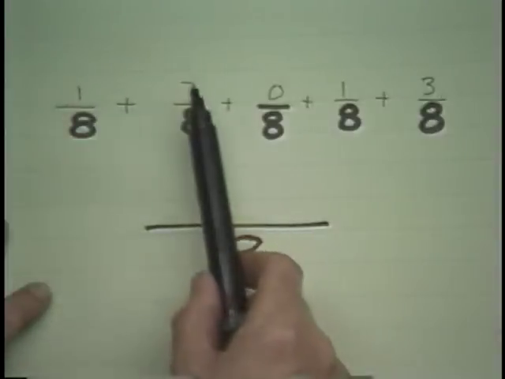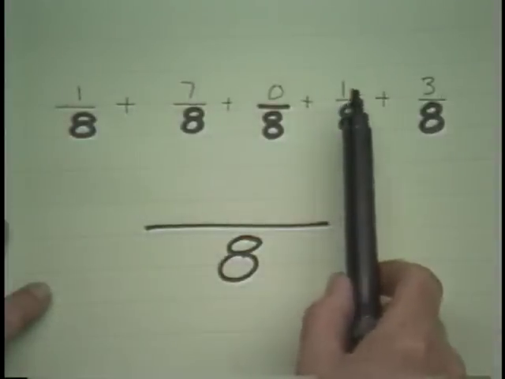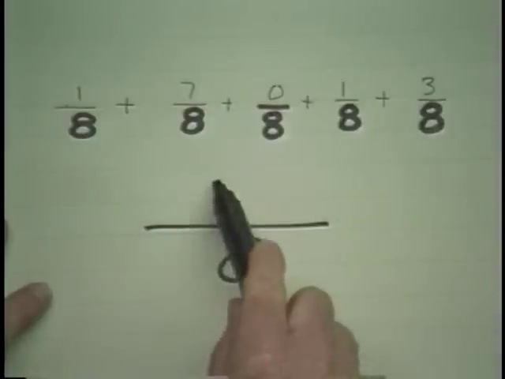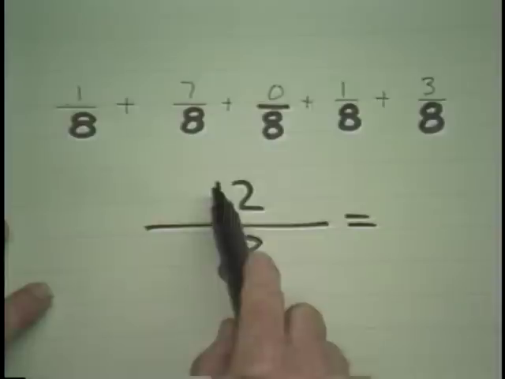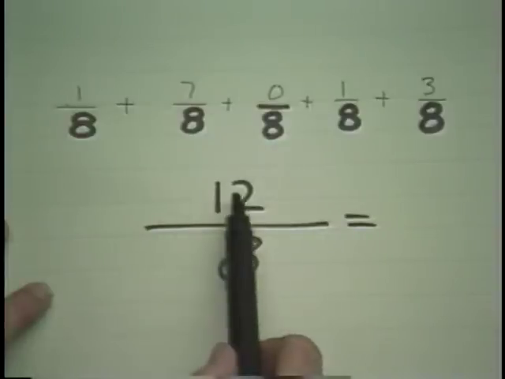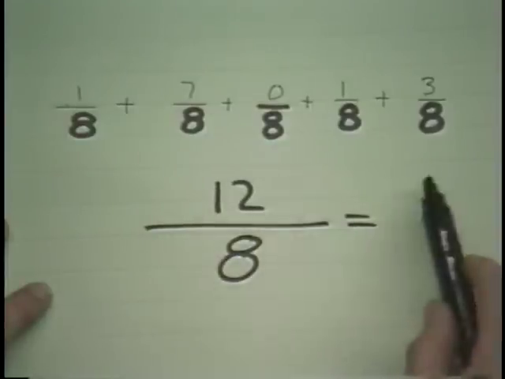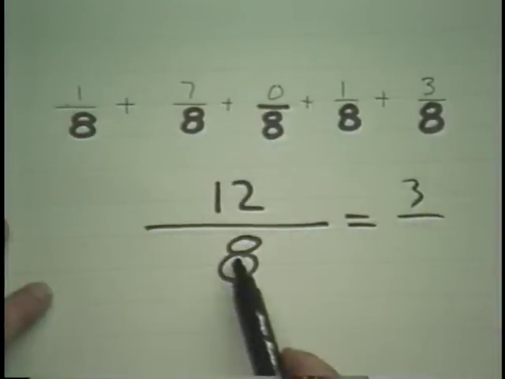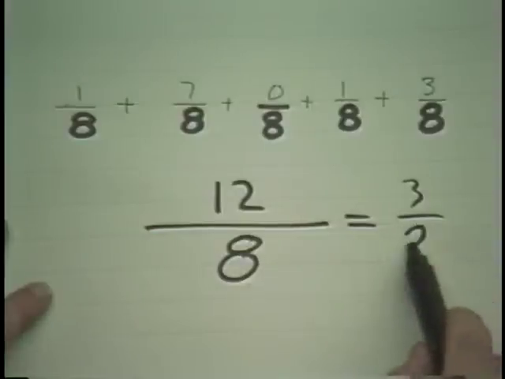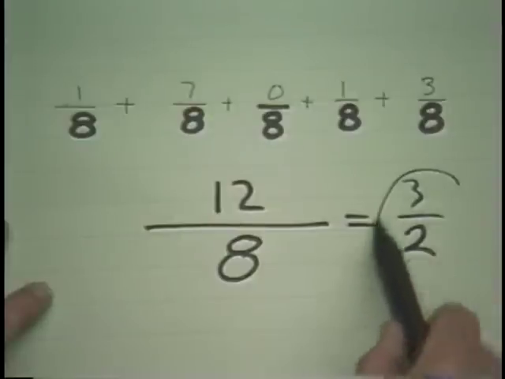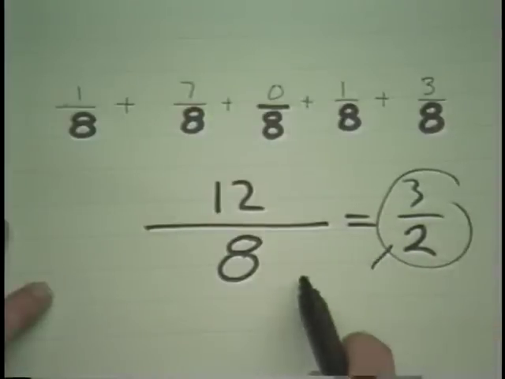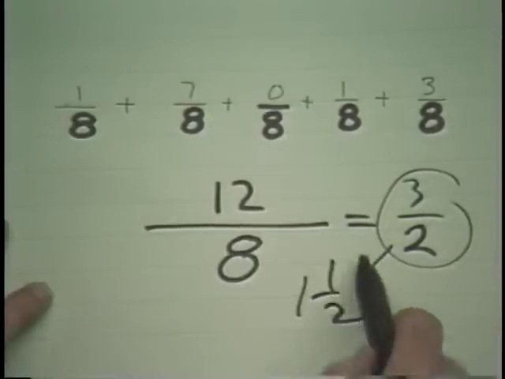So it's 1, 8, 9, and 3 is 12. Then reduce. 4 goes into the numerator 3 times. 4 goes into the denominator twice. And then you can leave it in this form, or, if desired, change it into a mixed number.